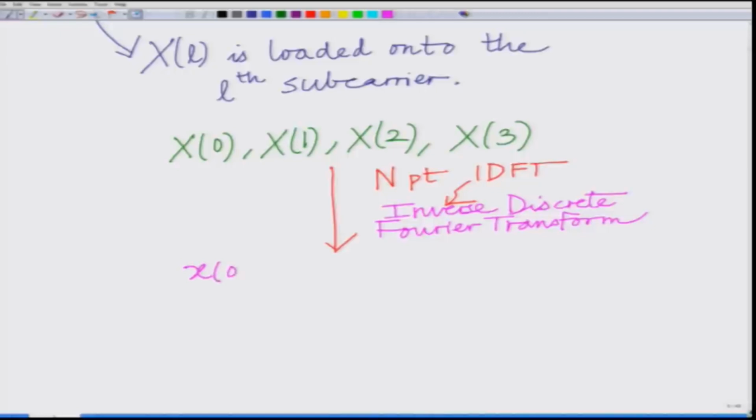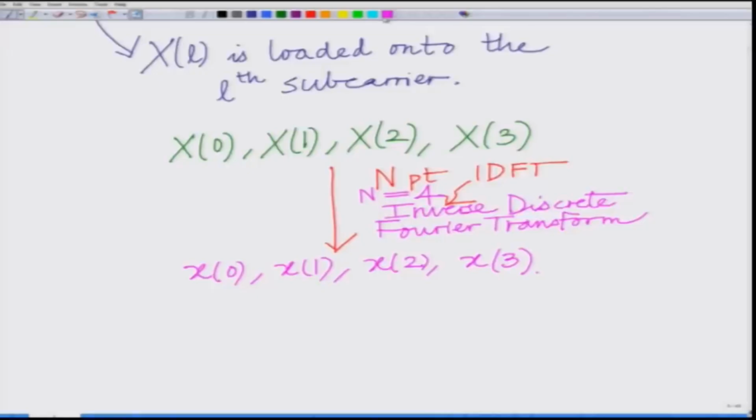To get the IDFT samples, these are the small x's: small x0, small x1, small x2, small x3. So, we have the N point IDFT, or in this case the N equal to 4 point IDFT. You take the symbols, capital X0, capital X1, capital X2, capital X3, and load them onto the subcarriers, which means you take the N point IDFT.